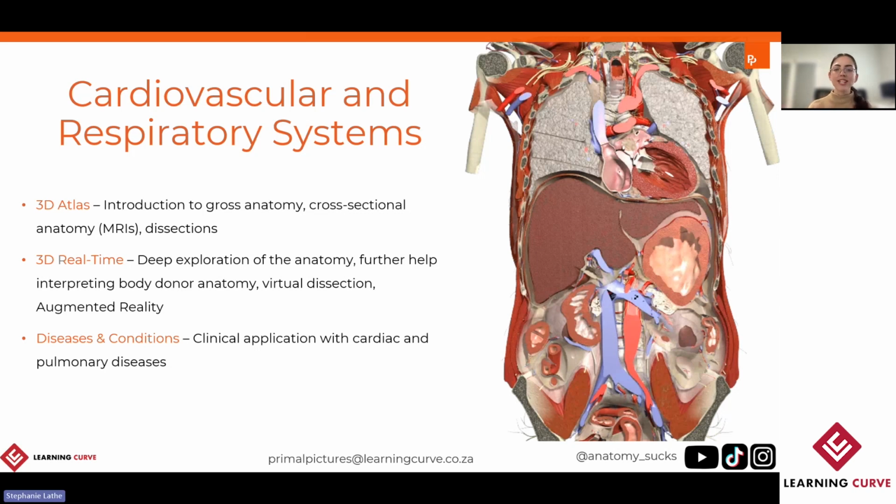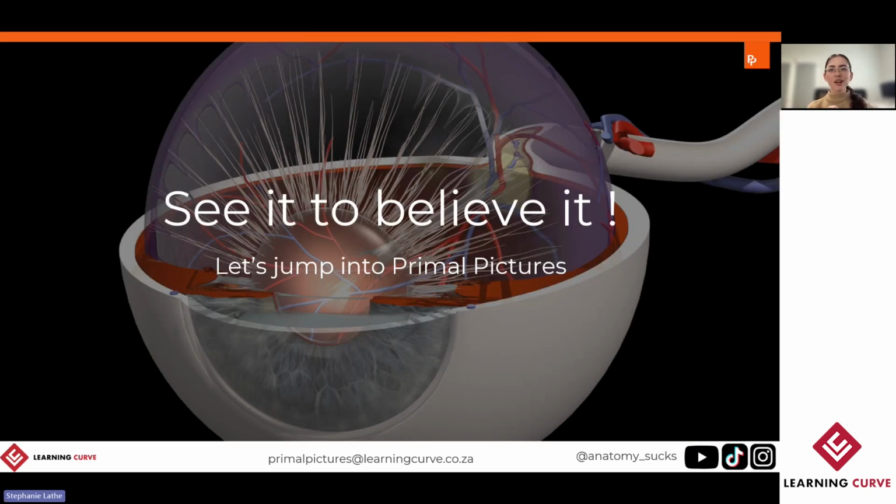And while we take a look at all of these examples, we will discuss helpful tips and tricks for teaching strategies using Primal Pictures. Okay, but let's not bore you with death by PowerPoint. Let's jump into the platform and get into the meat of today's session. So please bear with me while I just change which screen I am sharing with you.